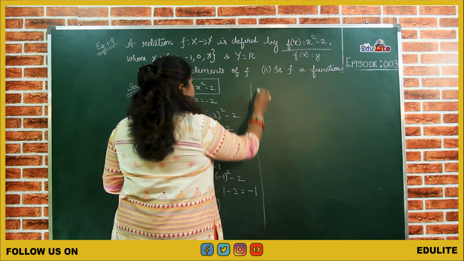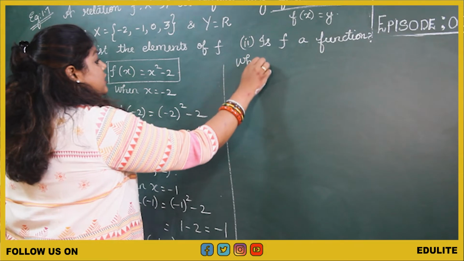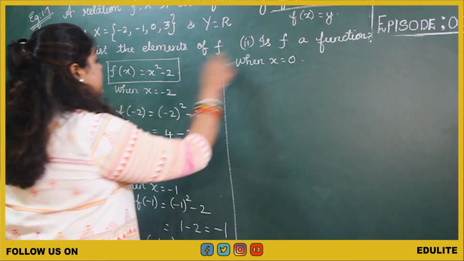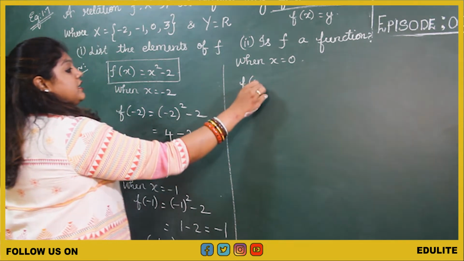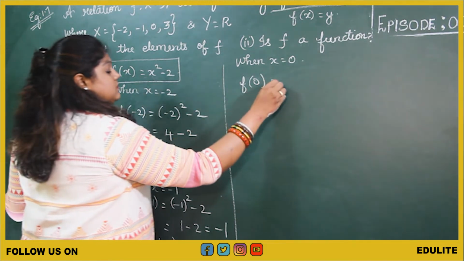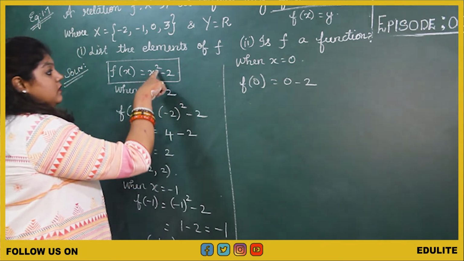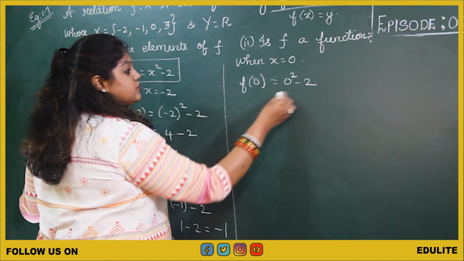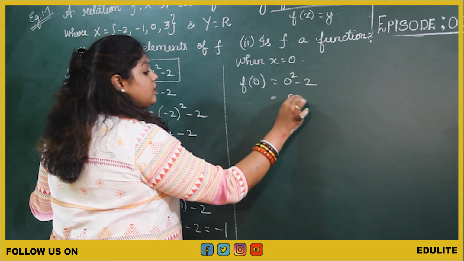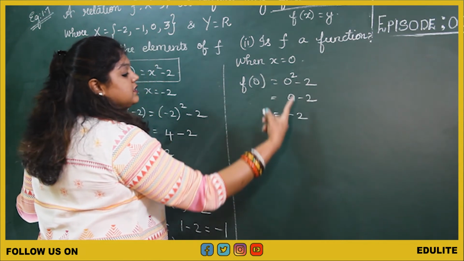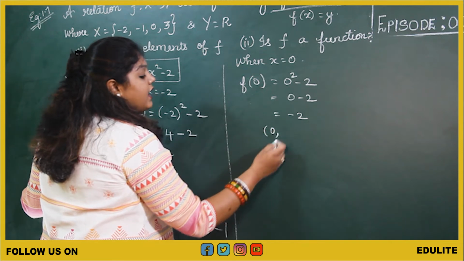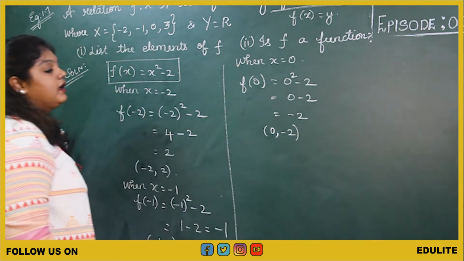Next, moving on to the third value, when x is equal to 0, we substitute it in the same equation, in place of x is 0. So, f of 0 equals 0 square minus 2. 0 square is 0, minus 2, it is minus 2. Therefore, when x is equal to 0, y is equal to minus 2 and it can be written as 0 comma minus 2.